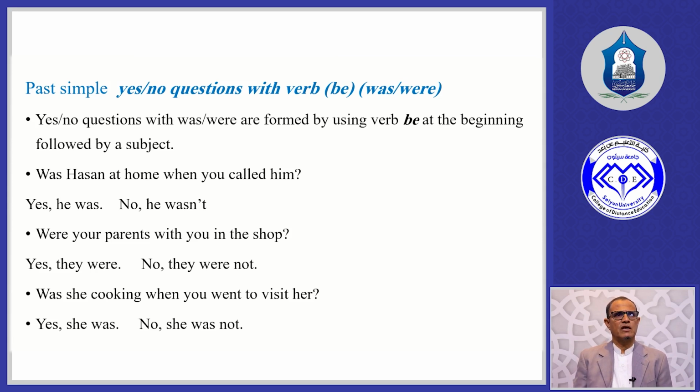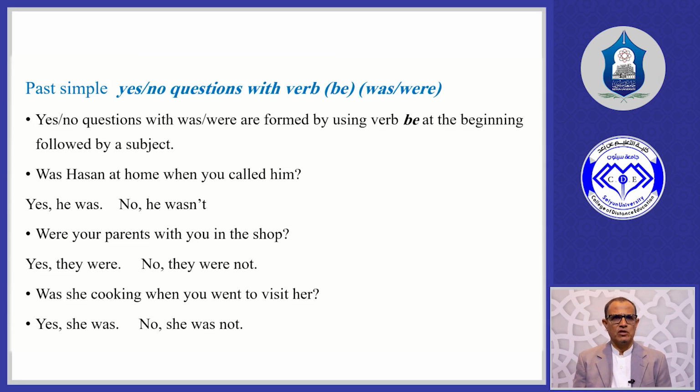The second question is: were your parents with you in the shop? Here in this question we have the verb to be "were", because the subject, your parents, is plural, so we have to use were in making that question. Using was here is wrong. So, were your parents with you in the shop? The answer will be yes, they were, or no, they weren't.